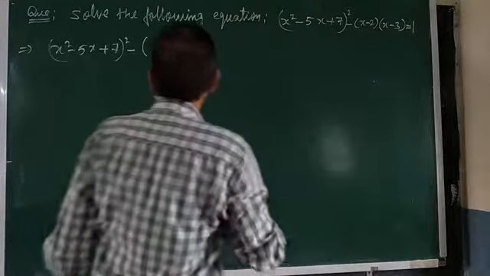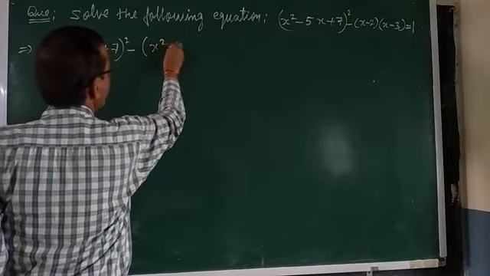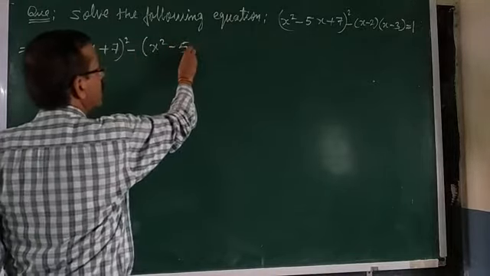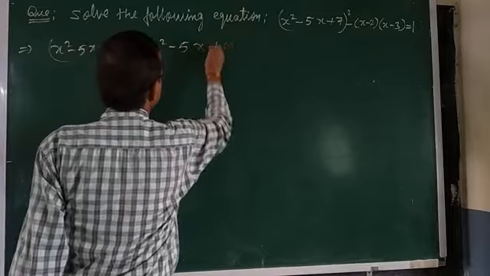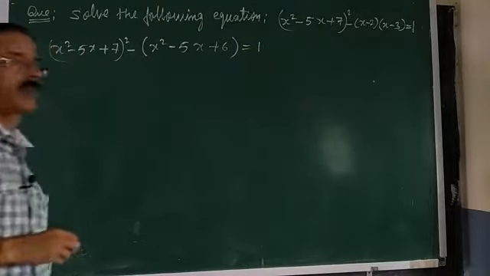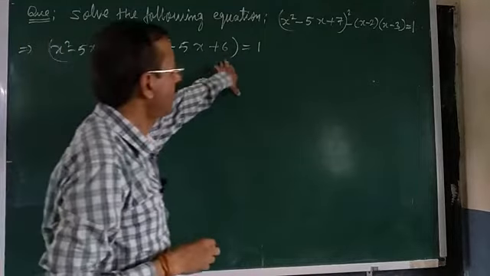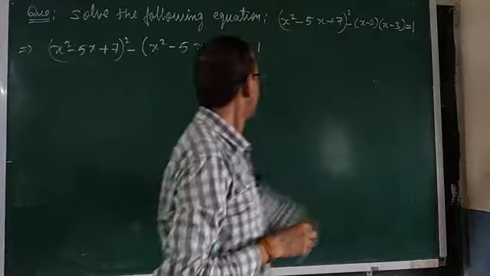Your answer will come: x square minus 5x plus 6 is equal to 1. This will be your result after the multiplication of both brackets.